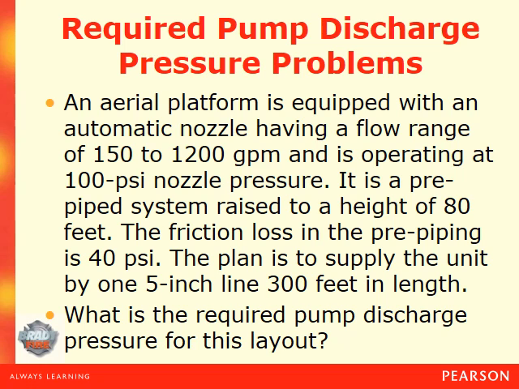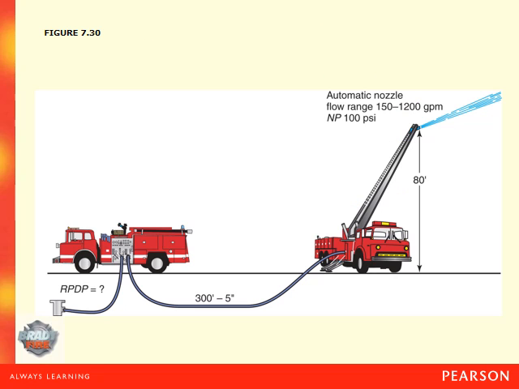The friction loss for a pre-piped system is 40 psi. The plan is to supply the unit by one 5-inch line that is 300 feet in length. What is the required pump discharge pressure for this layout? So your problem is going to look something like this.